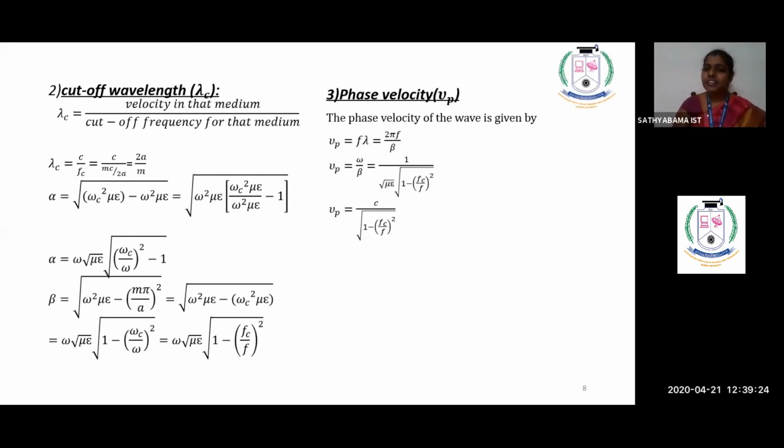It is given by the product of operating frequency and operating wavelength, f and lambda. There is one more formula for Vp, that is omega by beta. These are standard formulas we have been seeing in all the topics. For omega by beta, if you substitute the beta value from the previous equation, you will get the value of Vp.